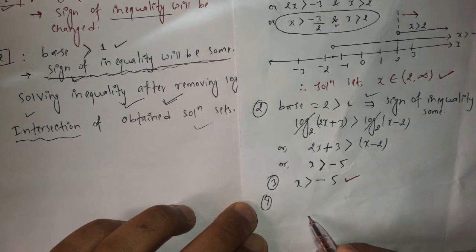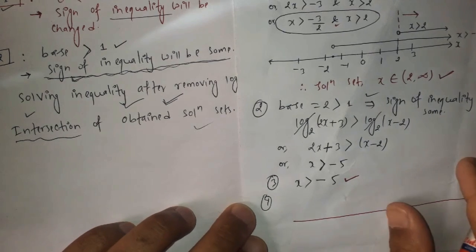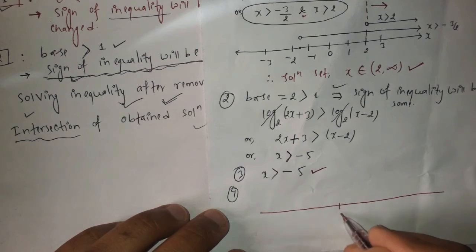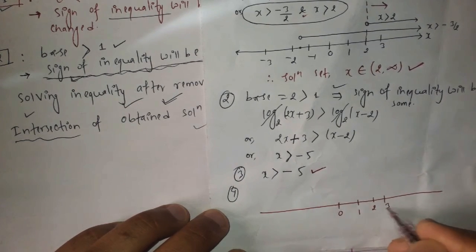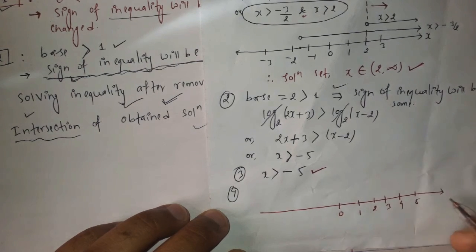For taking the intersection, let's make a number line to easily calculate the intersection of the two solution sets. Let us suppose this is 0, this is 1, 2, 3, 4, 5, and so on.